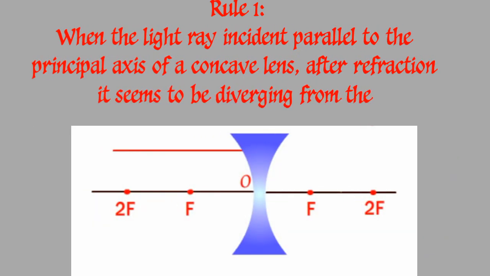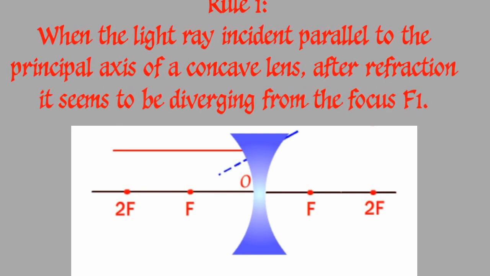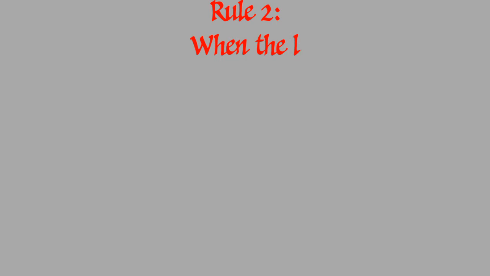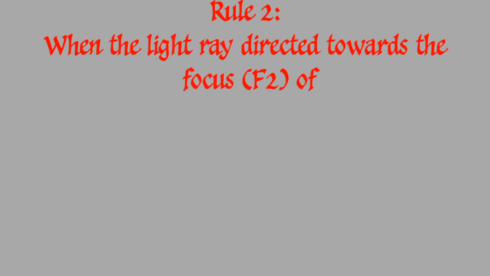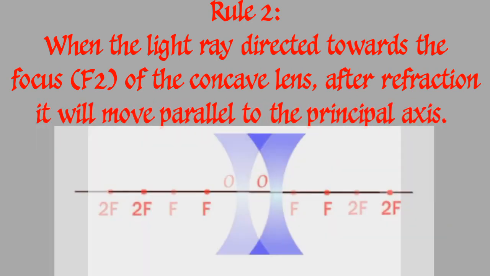What happens if the light ray is incident on the concave lens parallel to the principal axis? If a light ray is moving parallel to the principal axis, then after refraction, it seems to be diverging from the principal focus.